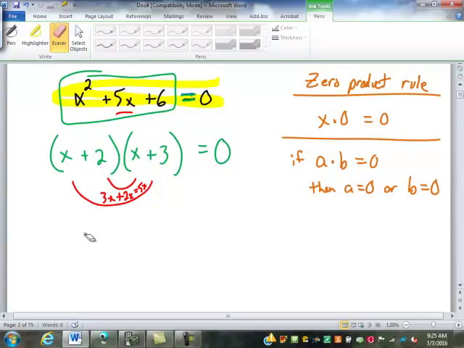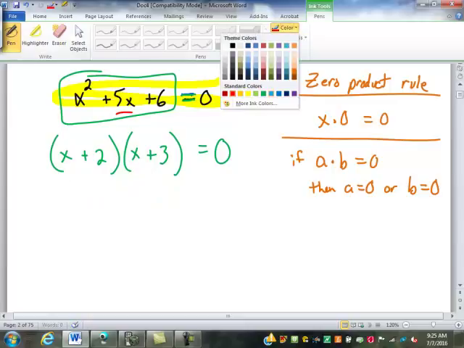Now that we have factored that, we can look over here at this zero product rule. x plus 2 multiplied by x plus 3 equals 0. And this rule over here says if two things multiply to make 0, at least one of them has to be 0.